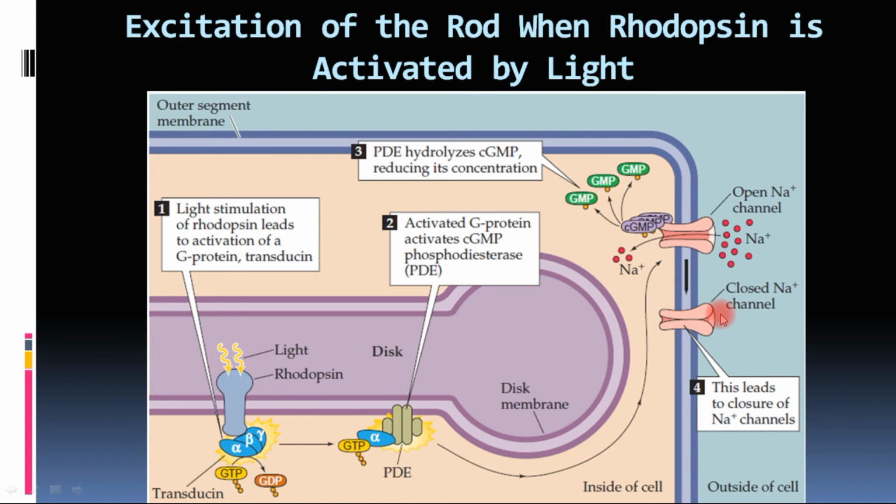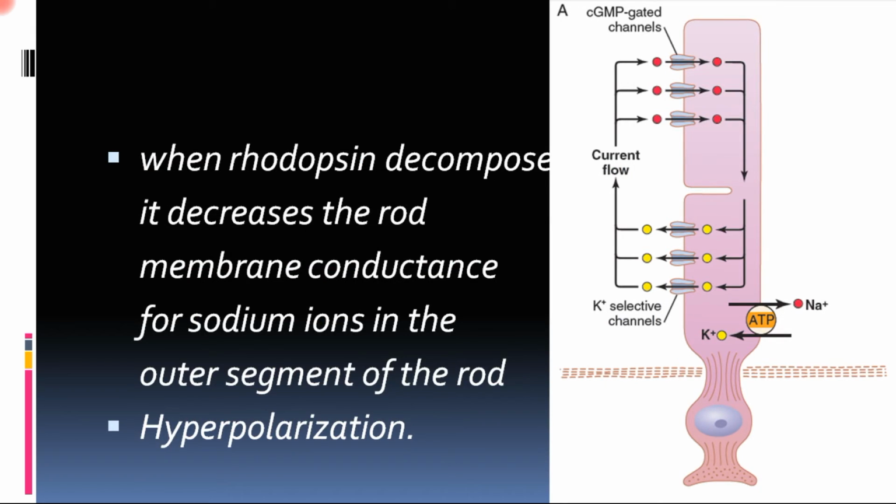Now let us understand what is the importance of this sodium channel. In normal condition, this is the condition in the dark, when there is no light coming. What is happening is, as you can see here, the sodium potassium ATPase pumps the sodium outside and gets the potassium inside, but the number is 3 positive ions, so 3 sodium outside and 2 potassium inside, creating the negativity inside.